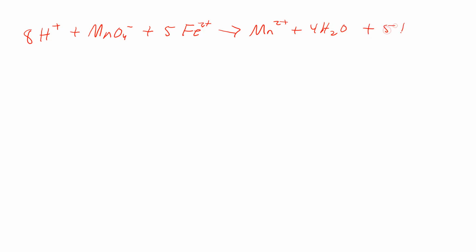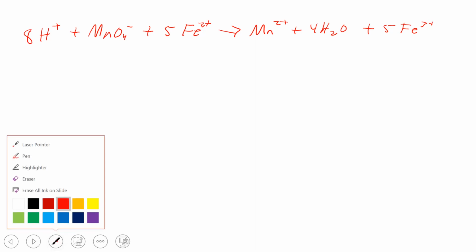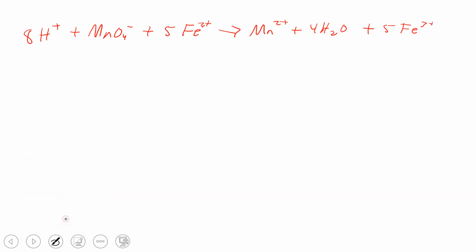So we have 8 H pluses plus MnO4 negative plus 5 Fe2 positive yields Mn2 positive plus 4 waters plus 5 Fe3 positive. So we're going to add enough OH ions to completely neutralize the H plus.